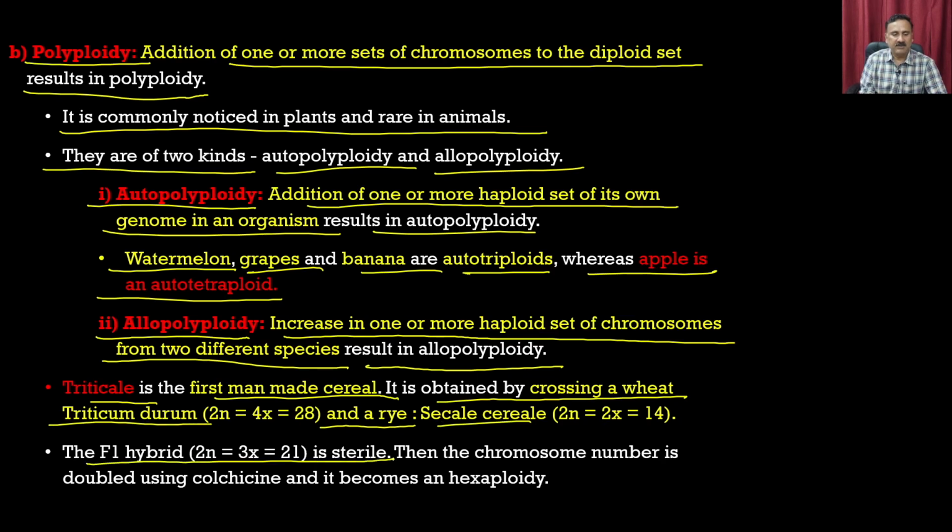The F1 hybrid is sterile, then the chromosome number is doubled using colchicine and it becomes hexaploid. There are many examples of important diseases which happen because of these chromosomal numerical alterations, such as Down syndrome and other chromosomal problems.